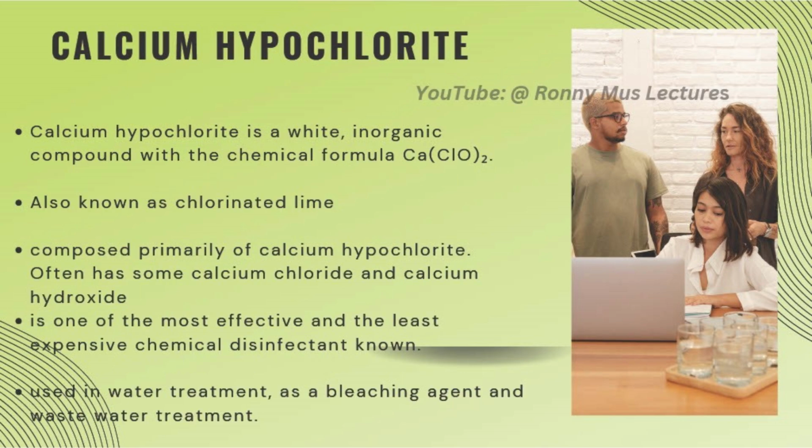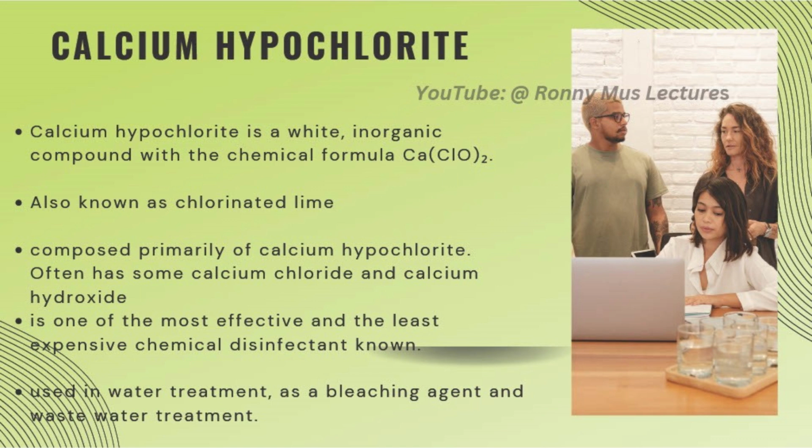Then we look at calcium hypochlorite. It is a white inorganic compound. It is also known as chlorinated lime. It is composed primarily of calcium hypochlorite, and often it has some calcium chloride and calcium hydroxide.